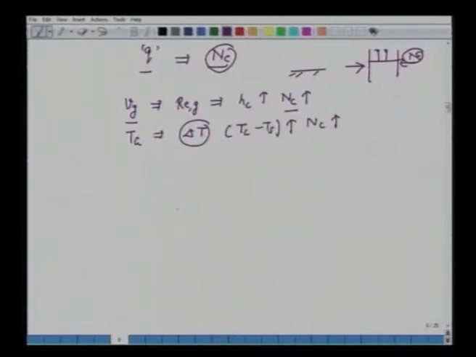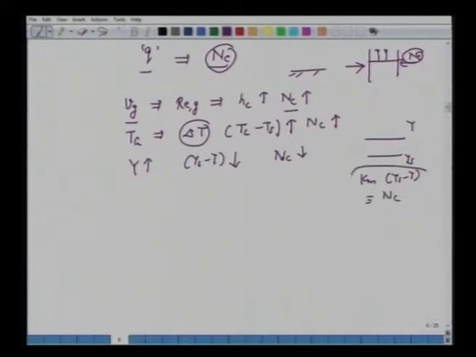What will cause a decrease? Well, one thing is the humidity. If the air is humid, then Ys minus Y, where Ys is the saturation humidity and Y is the humidity of the air, this will decrease, and if this decreases, Nc will decrease, because Nc is also the same as Km into Ys minus Y.